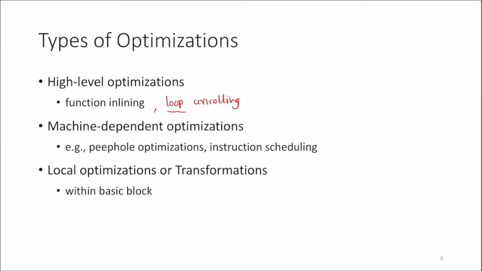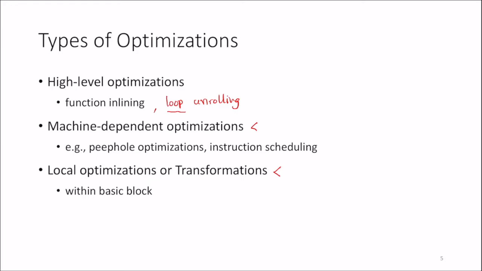There are some machine-dependent optimizations that are called peephole optimizations or instruction scheduling, where groups of instructions can be replaced with a more powerful instruction. But these are machine-dependent. And then there are local transformations that you can do within a basic block to replace groups of instructions with other instructions that accomplish the same thing.